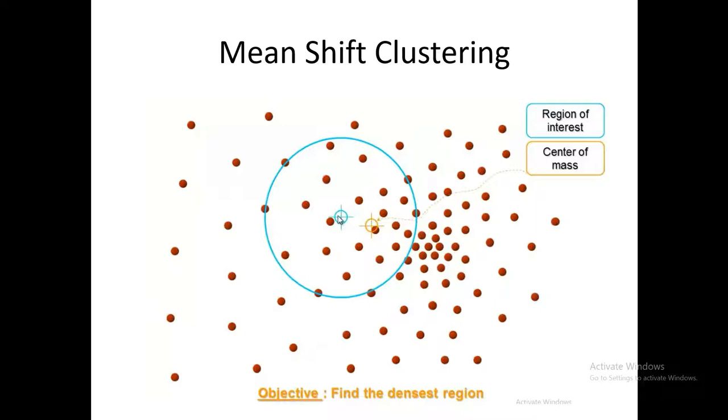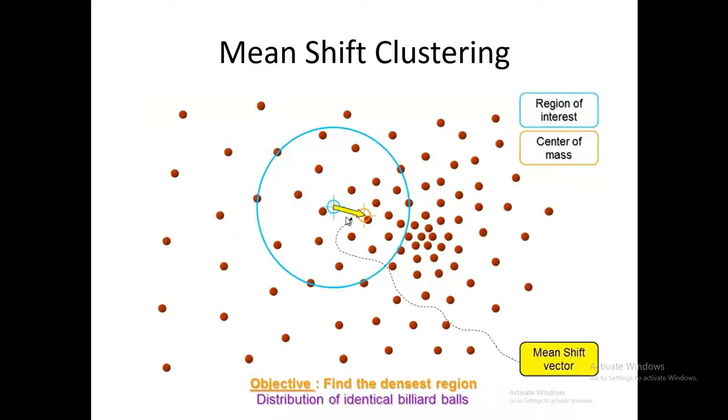Now we will find the shift from the previous estimate to the new one, and this shift gives us a vector from the previous estimate to the new center of mass, and this vector is called the mean shift vector.